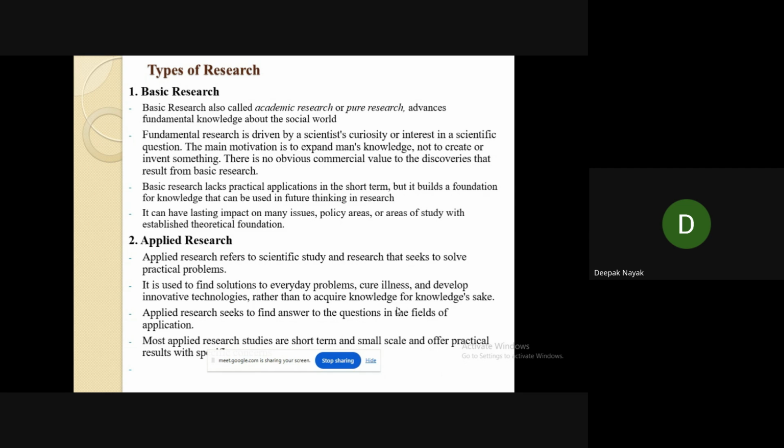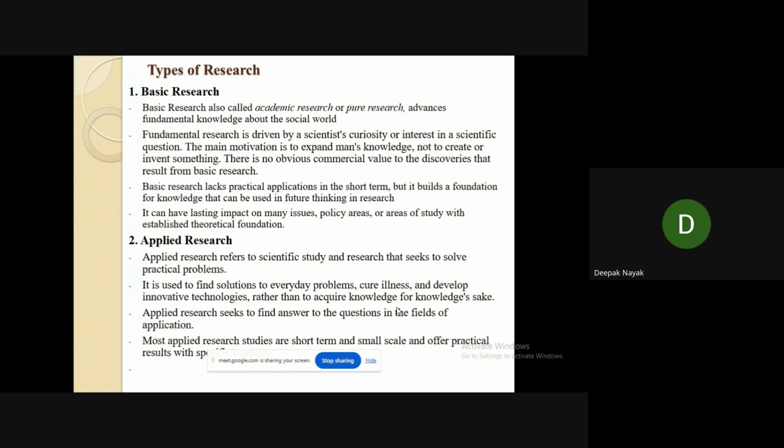It is basically to find solutions to the problems we encounter, like in the field of health, cures for illness, the magnitude of certain kinds of diseases, the factors of diseases, the use of technologies, the needs and necessities of technologies.